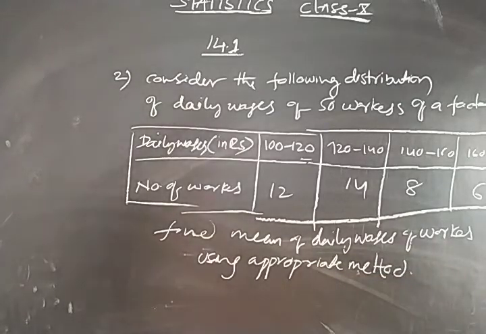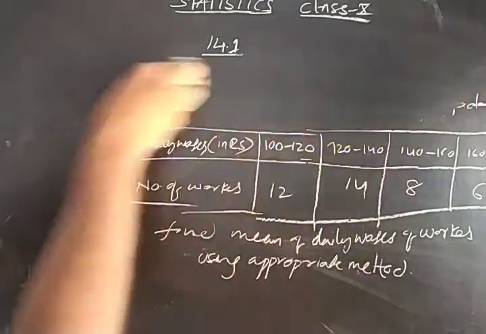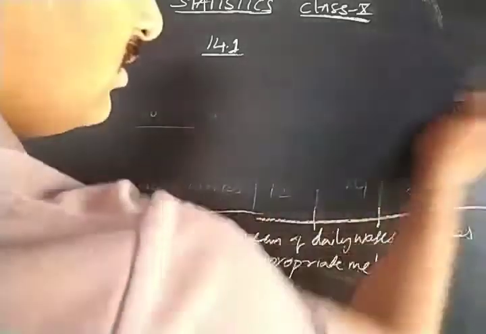Let us solve this. By observing the class marks, we can decide which method we have to consider. Now I will write the daily wages and number of workers in the solution also.